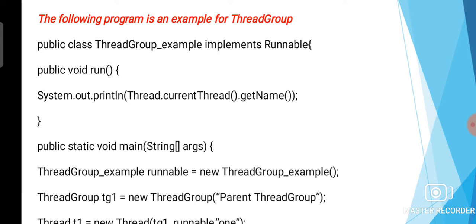This statement is printing the name of the current thread. To print the name of the current thread, we use Thread.currentThread().getName(). Thread.currentThread() will return the current thread, and from that, the name of the current thread will be printed here.